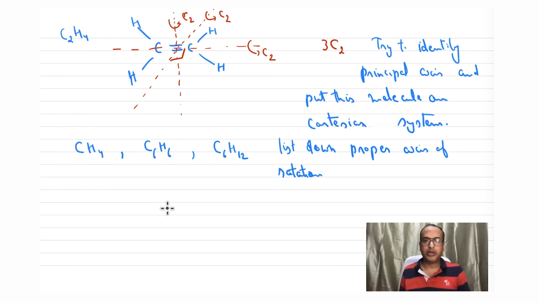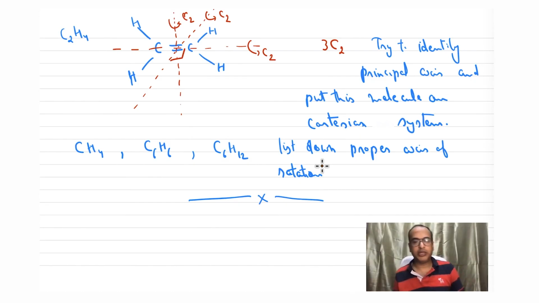See if you can do it. So I think that is all for today. So let's continue our discussion on symmetry elements and operations, and we'll start with symmetry planes. That's all for today.